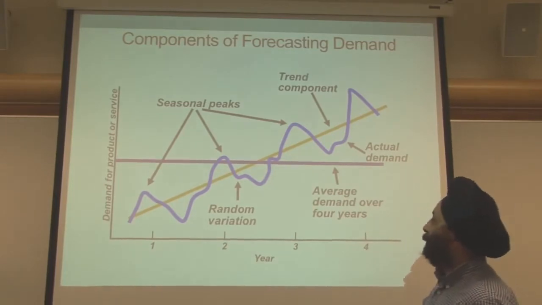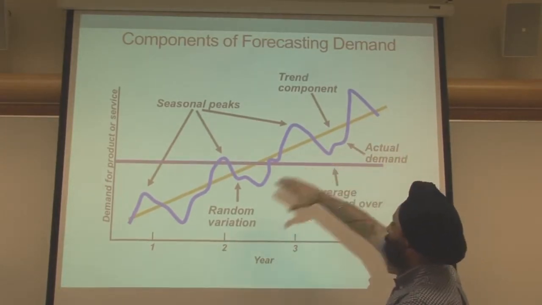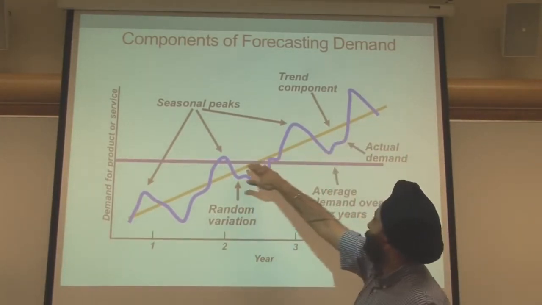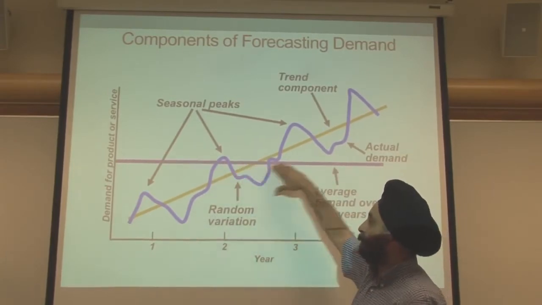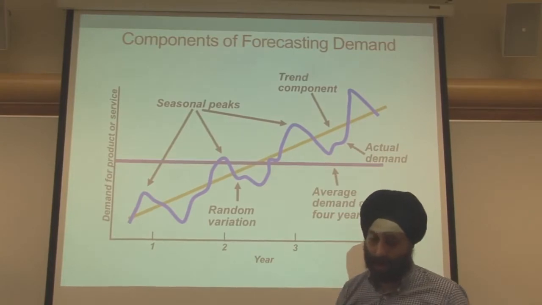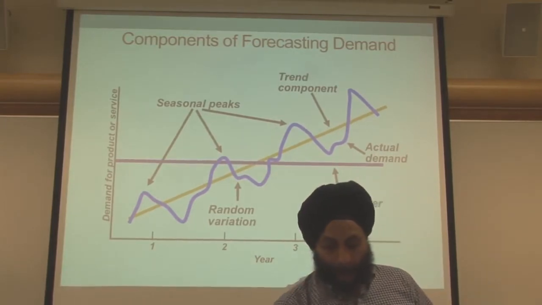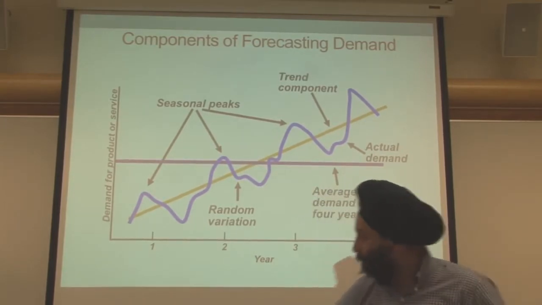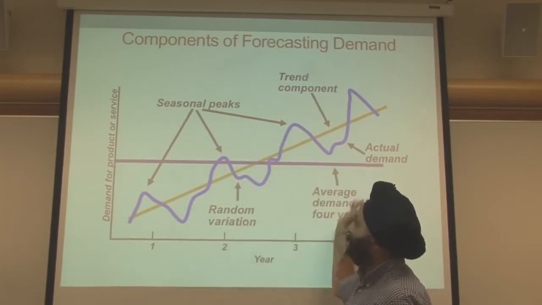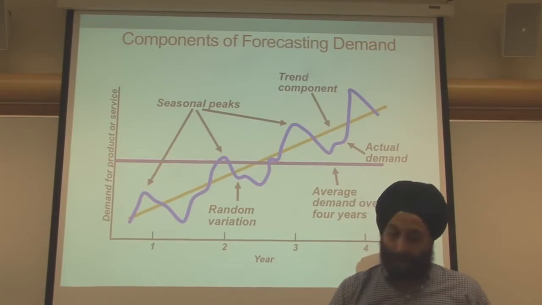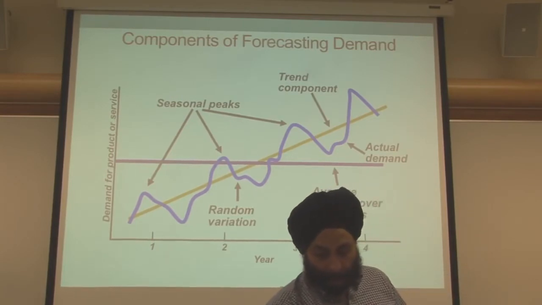And over time there is a trend component that is going up, and then the actual horizontal average demand over 4 years, that's the horizontal component. It hovers around a certain area. But if you see some sort of pattern that presents itself over several years, that's a cyclical pattern that will be shown in this case.